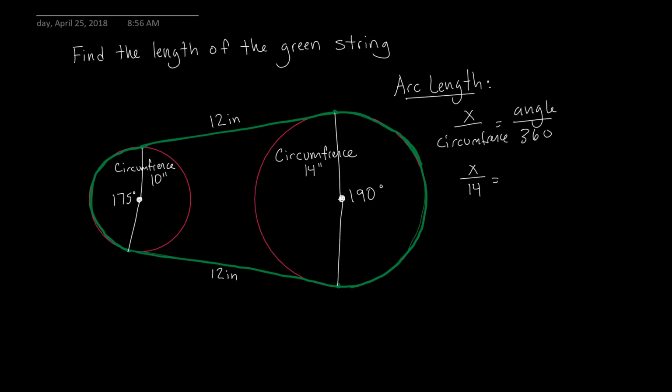14 equals, what's the angle on the big circle? And then how do we solve this? You cross multiply. So 360 times x is 360x equals, what's 14 times 190?